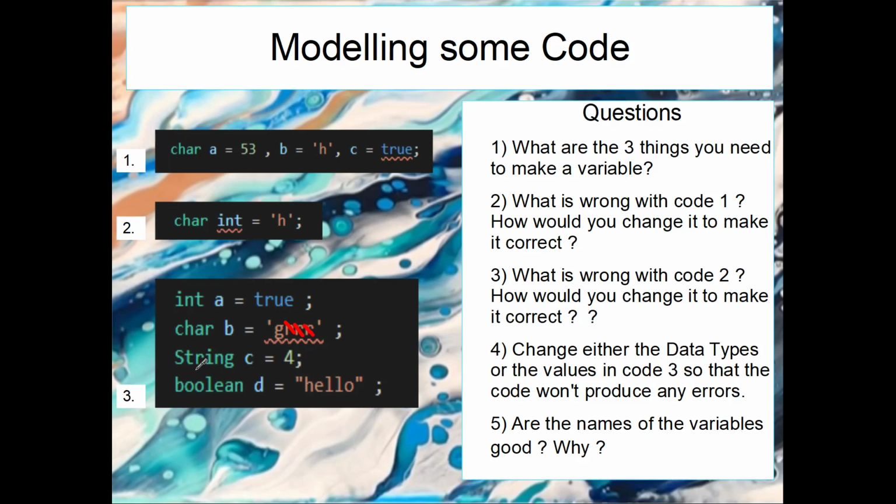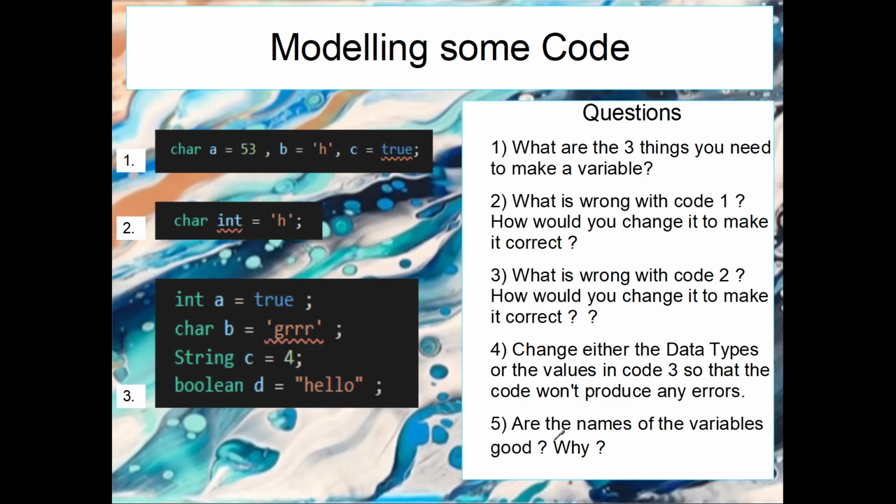Here, number 3, you can either change this data type to an int, or if you don't want that, you can change the value into double quotation marks, include your text, and then close it off. The same thing here, I would say get rid of this data type and just put that string data type in.